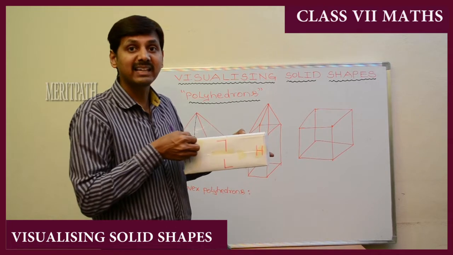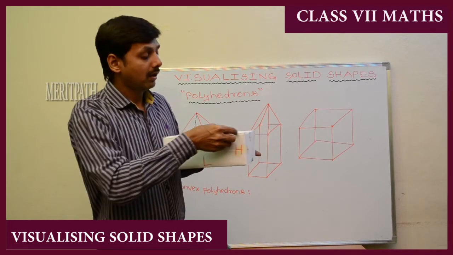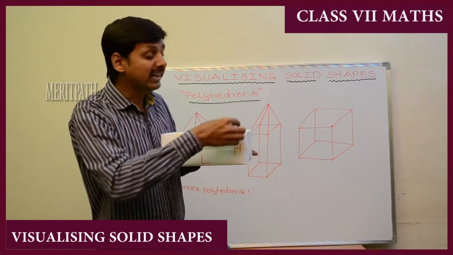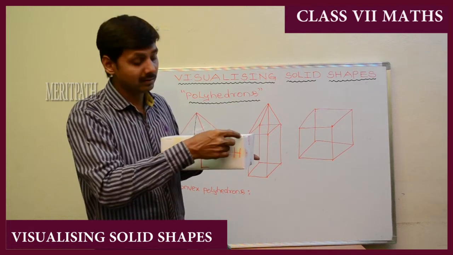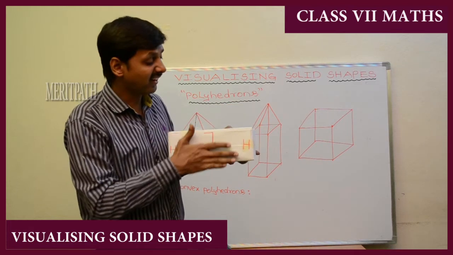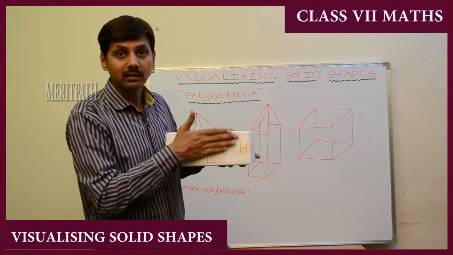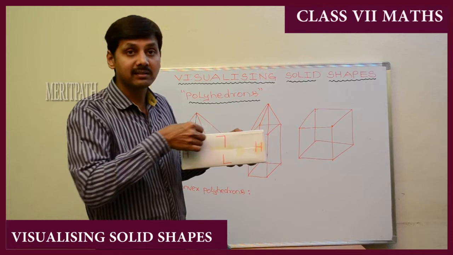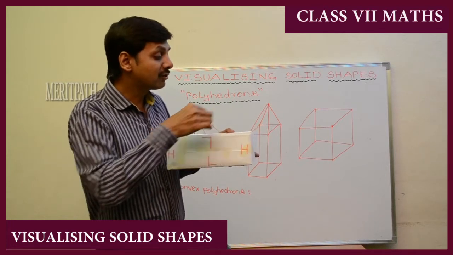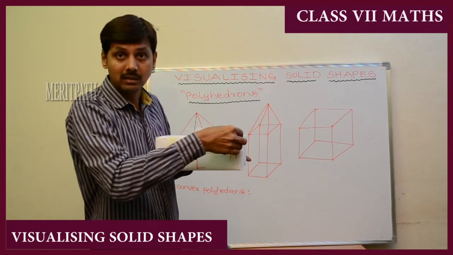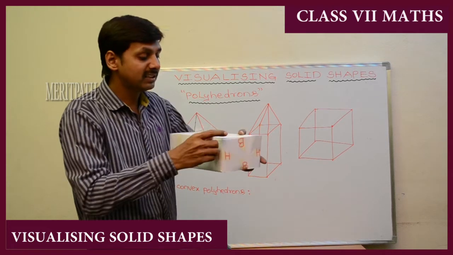So we call this an edge. Where these edges join together, we call it a vertex. This is one of the vertices.